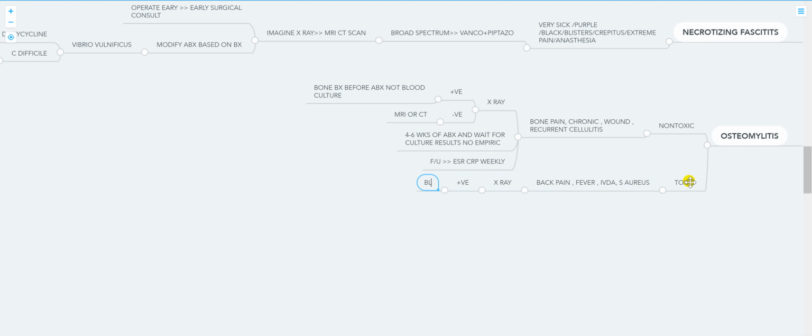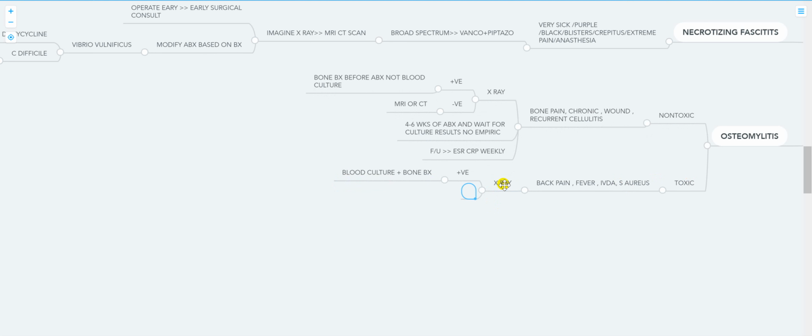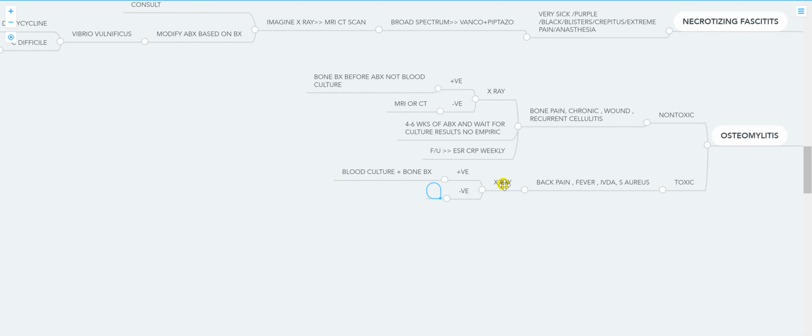You do blood culture because it's toxic, plus bone culture, bone biopsy, okay? But if the X-ray is negative, we do MRI or CT scan.